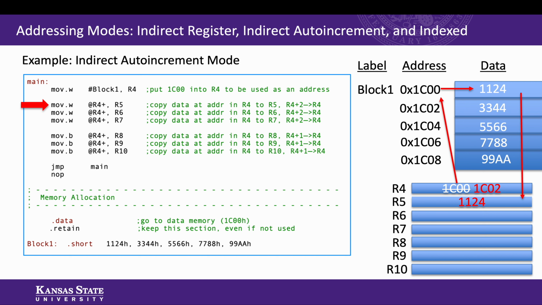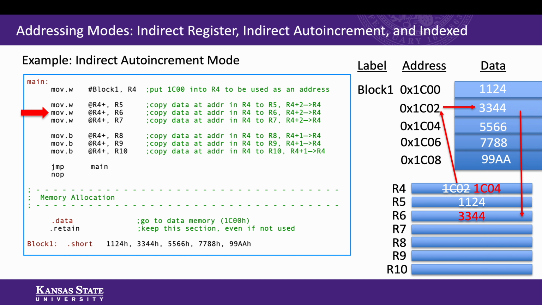So the assembler is smart in that sense, where it knows that we want to increment by 2 because we just got done operating on a word. So now R4, after this instruction is executed, contains 1C02, which sets us up nicely to get the next piece in the block. That's the idea here.